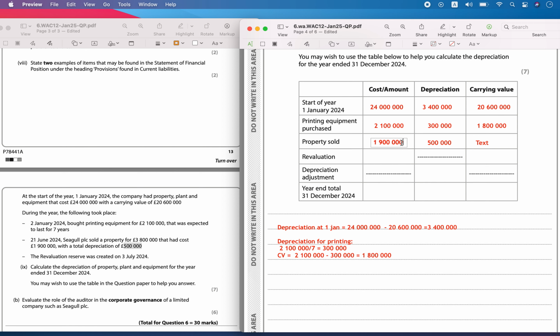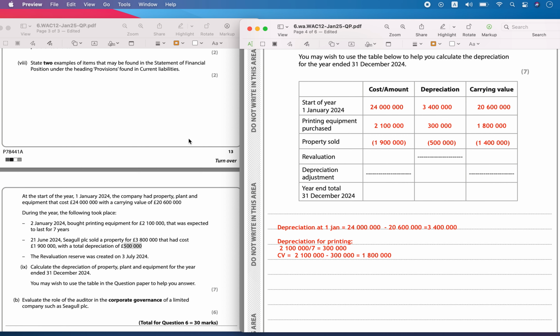So this was sold, so you have to remove this. We subtract all the values which were sold, and anything that was bought, you have to add. So everything, 1,400,000, is going to be removed from the books because it has been sold off.